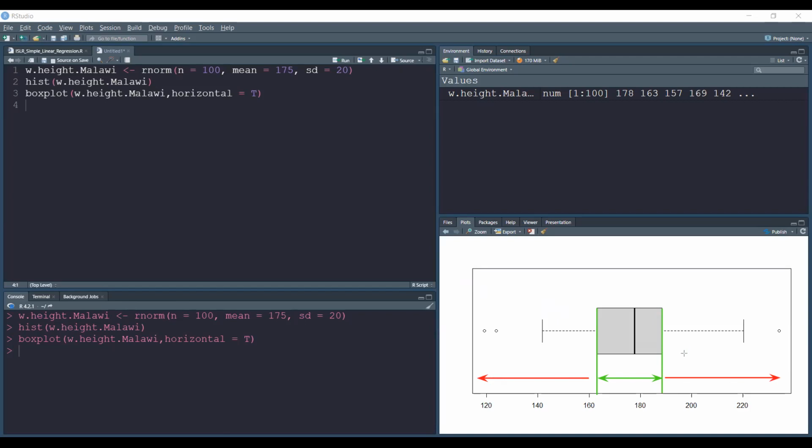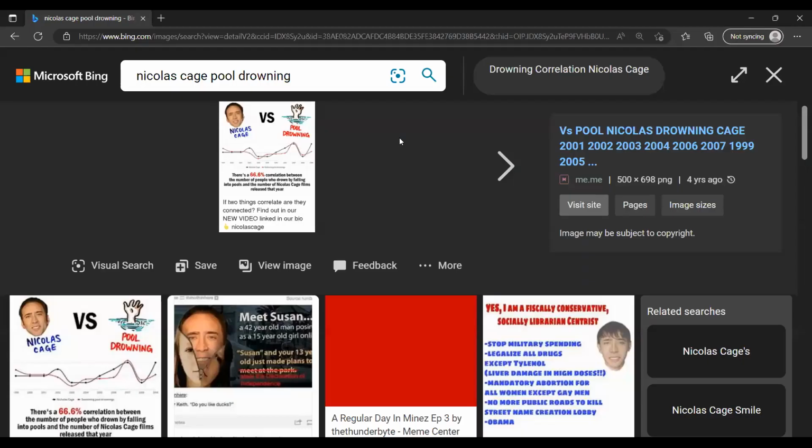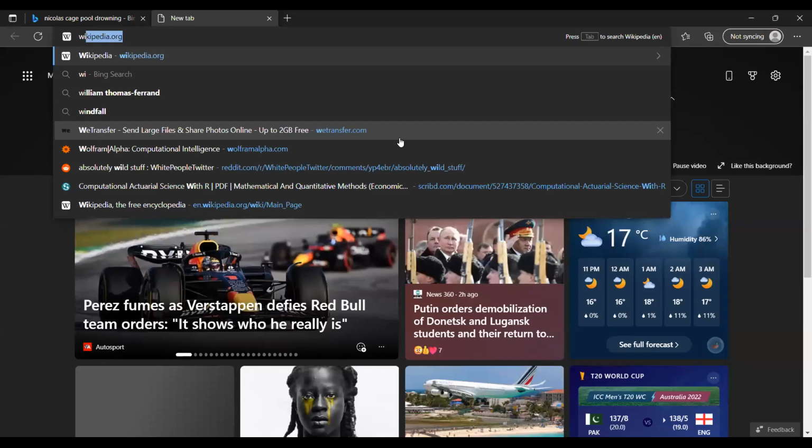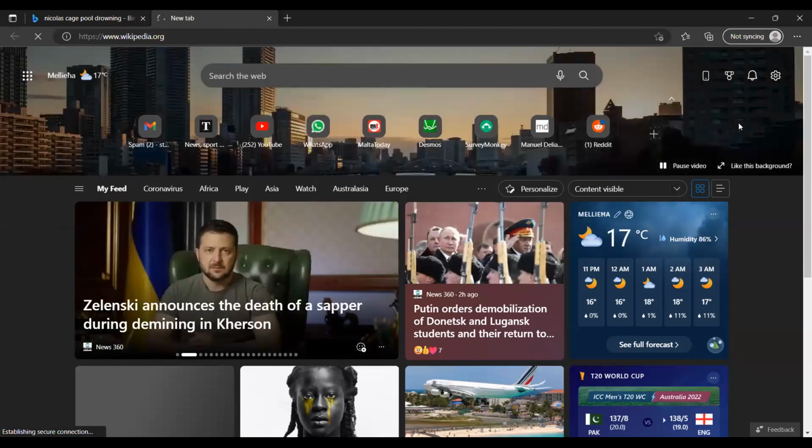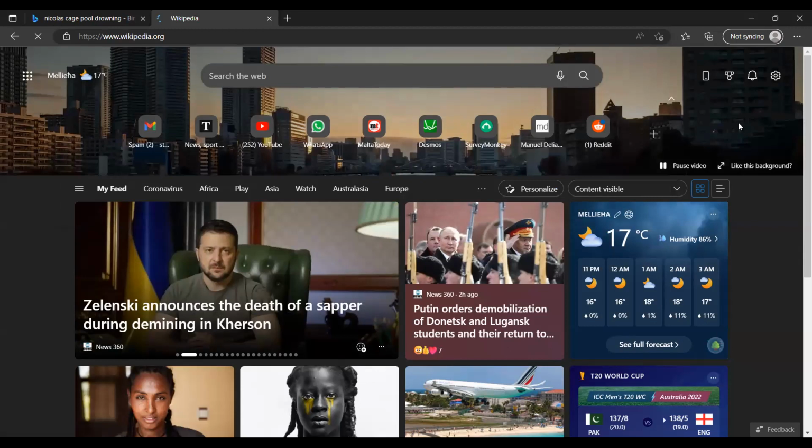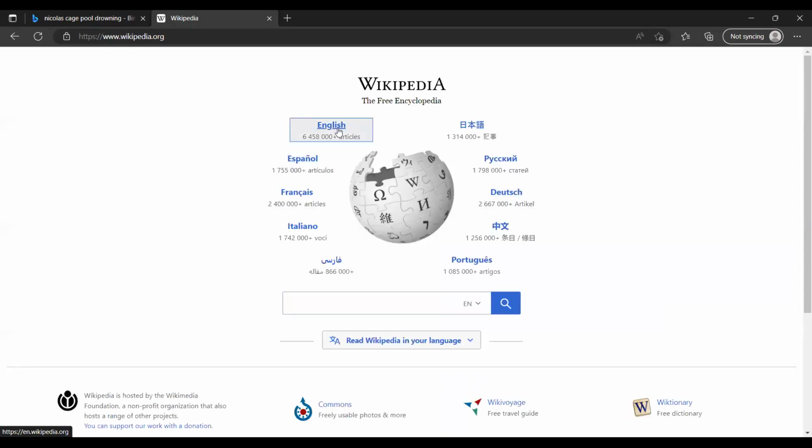Now, the normal distribution is just one of many, many different distributions. Another one is the T distribution. We can have a look at it very quickly in Wikipedia. It probably goes by many names.